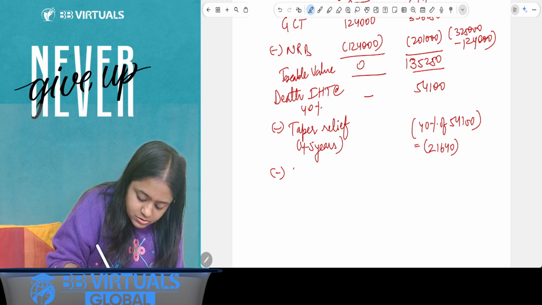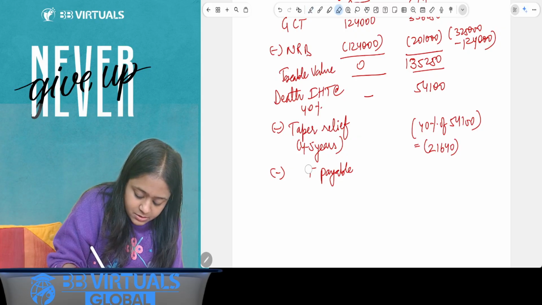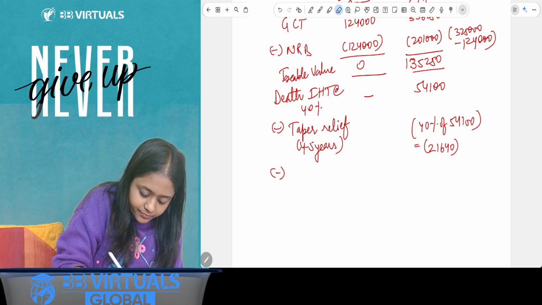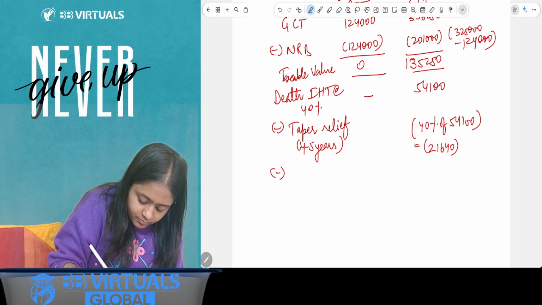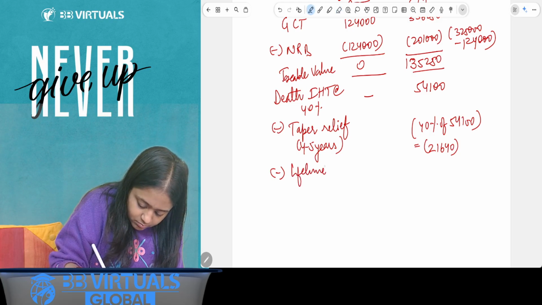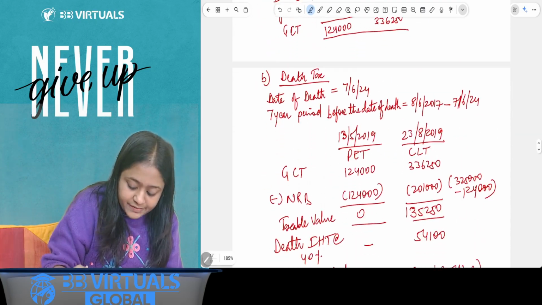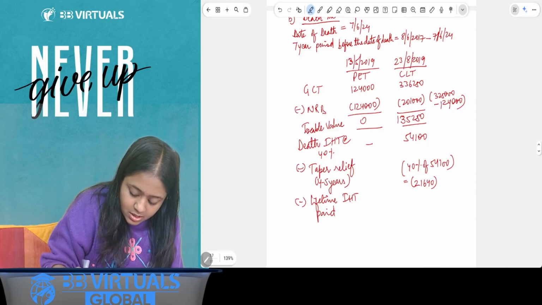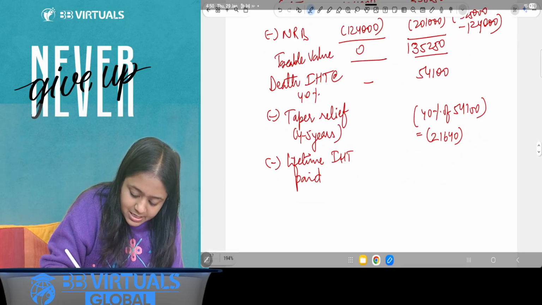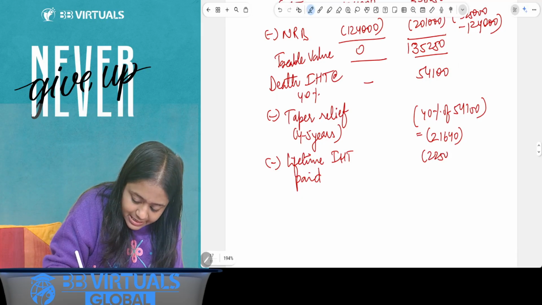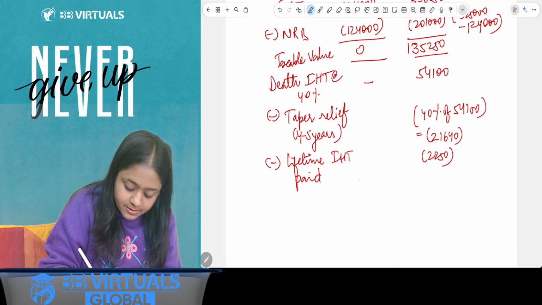Now I will reduce IHT. I will write it as lifetime IHT paid. Yes, there was a lifetime IHT paid on the CLT transfer, 2250. So please reduce here 2250. I think now it is very clear that we are not paying any double tax. We are just paying additional tax.